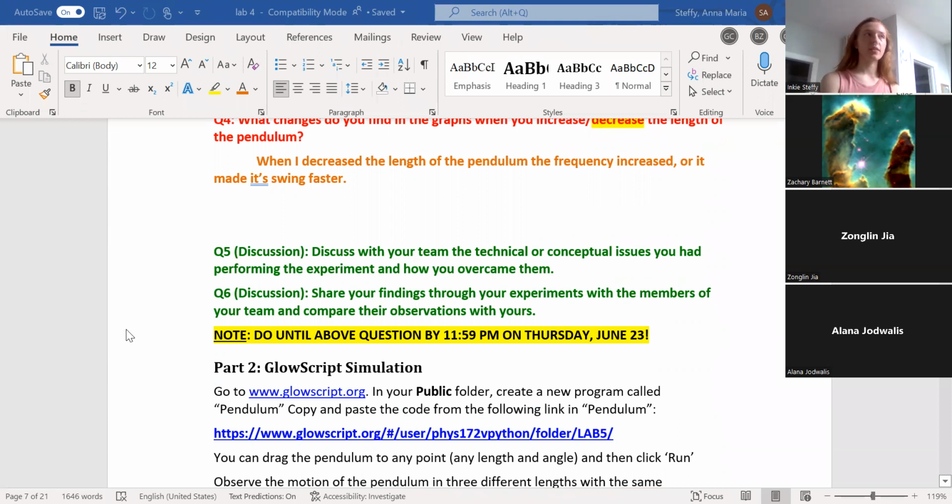Yeah, I definitely agree. I think that's really consistent with what I found as well. I could make the string a lot shorter than what it was because I had a pretty long one, and the frequency increased so much in front of me.